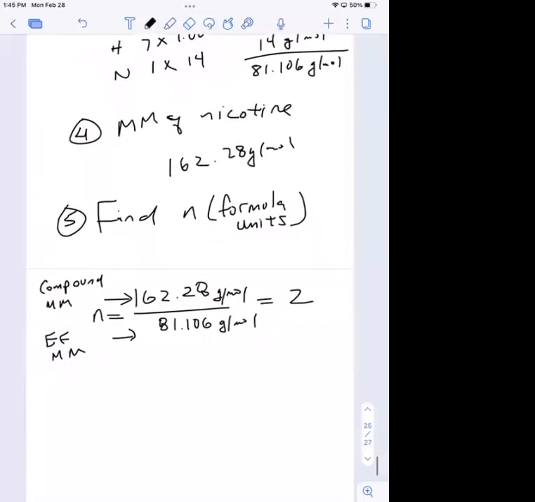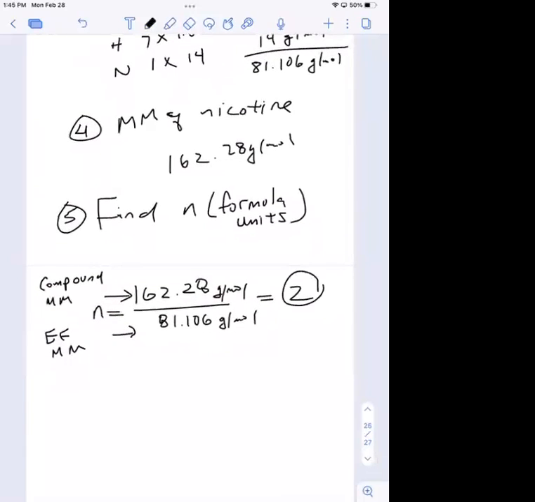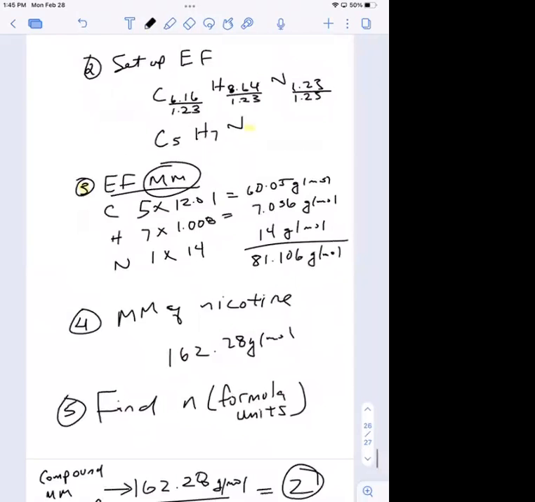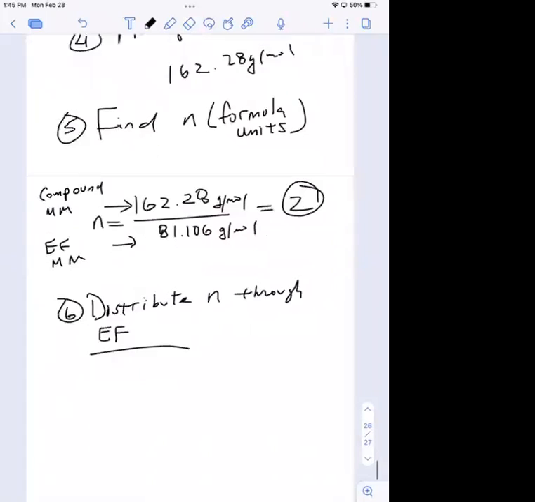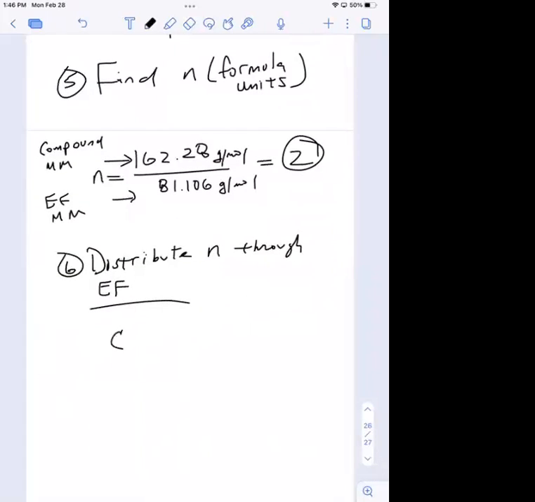All right. Once we do that, the last step is to distribute this through the empirical formula, which we found up here. So we're going to take that empirical formula C5H7N and put a 2 out here, and we're going to distribute that to each term.